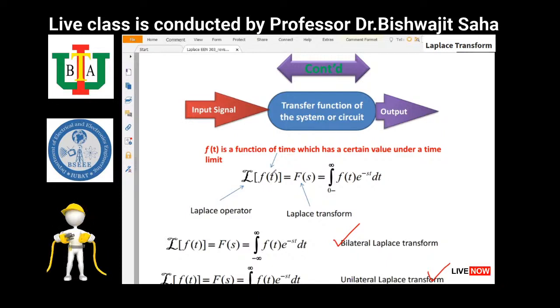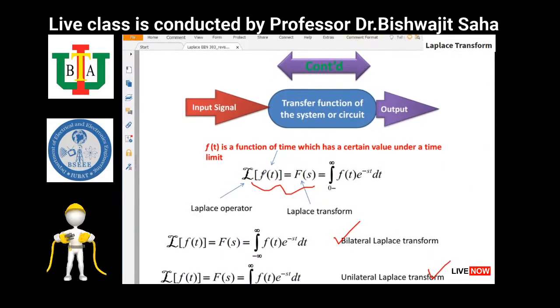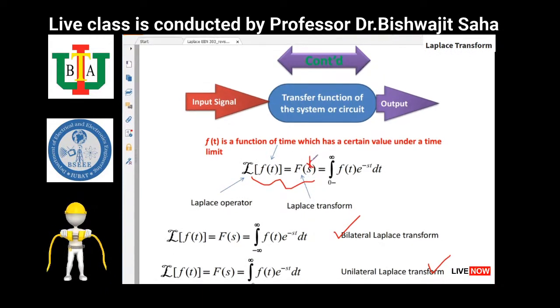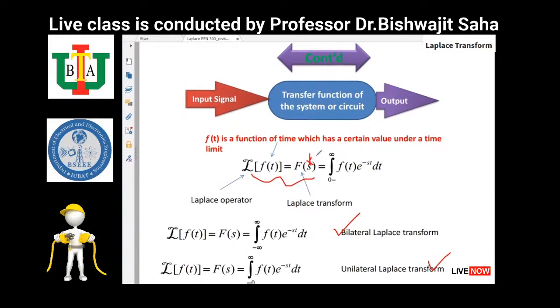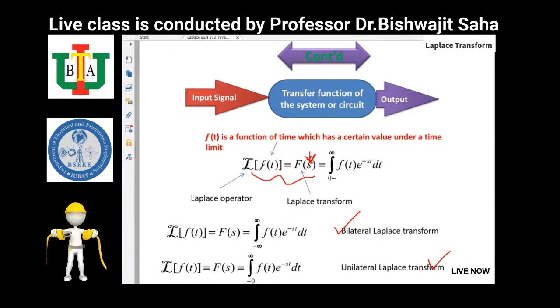So f of t usually is the function in time domain. If we convert this time domain function into frequency domain or Laplace domain, then it is called capital F of s or capital L of f of t. Both can be used to express the Laplace transform. S is the indicator of Laplace transform, and Fourier transform is j omega.